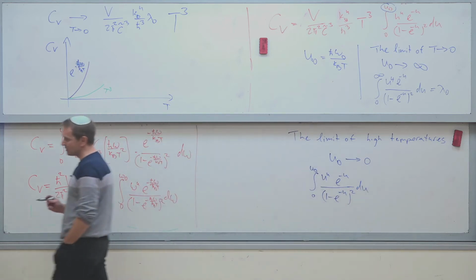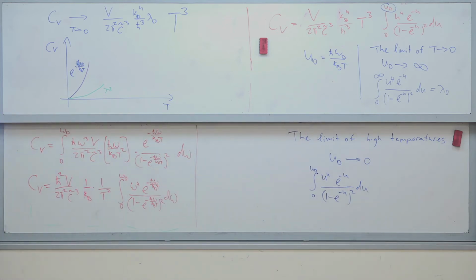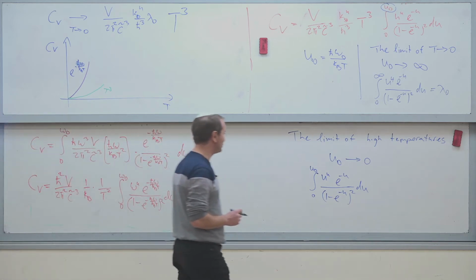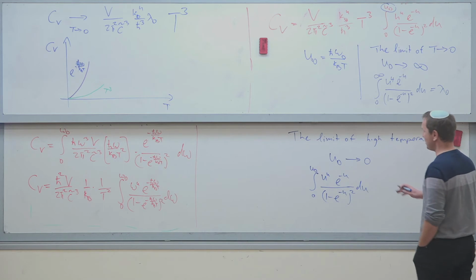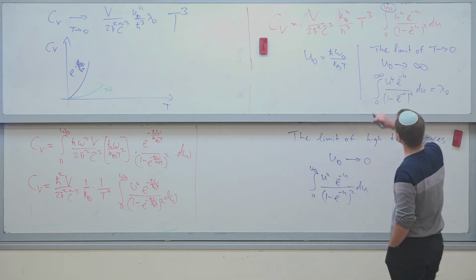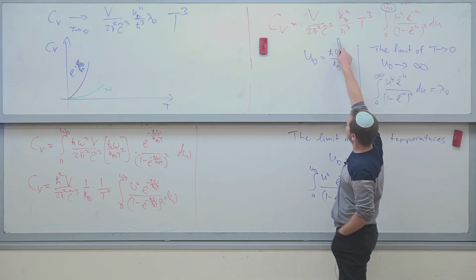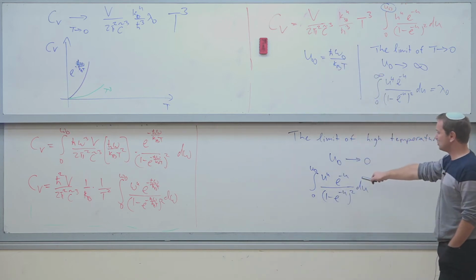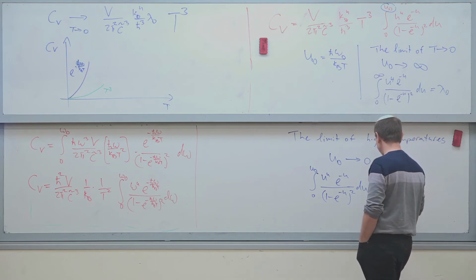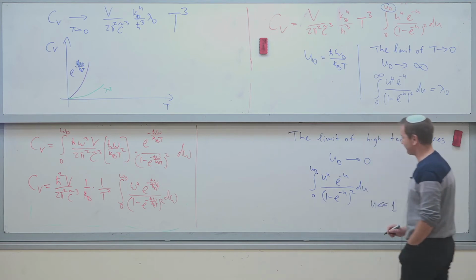This is something that we need to solve, right? Nothing else. We have a prefactor, but the prefactor is exactly the same as we have over here. Now, in this integral u_D goes to 0, so u is much, much smaller than 1.